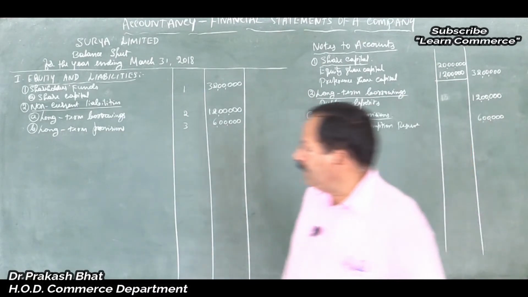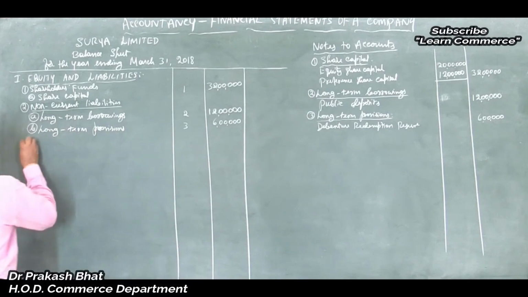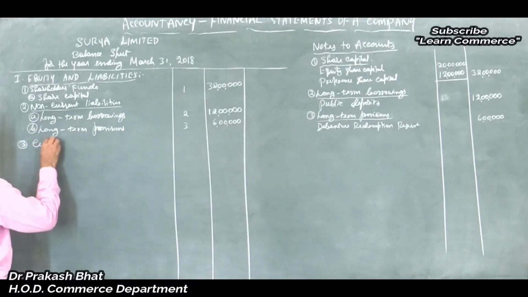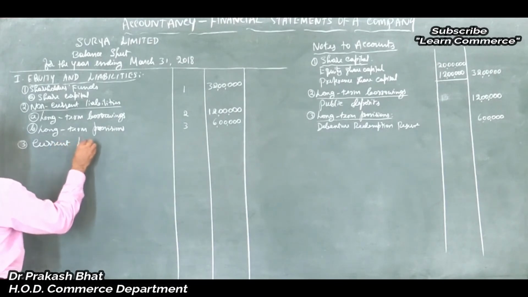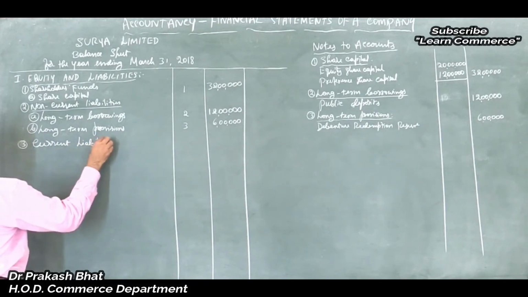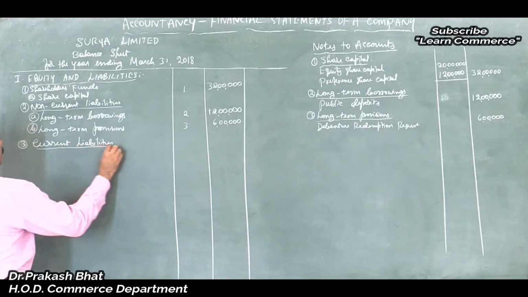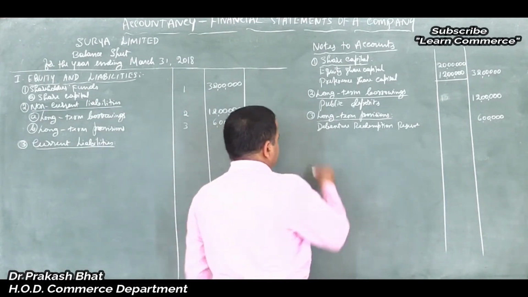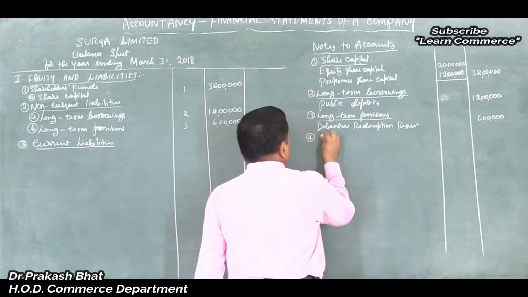So let us move on to the third one, current liabilities. Under that, we have to prepare note number 4, current liabilities.